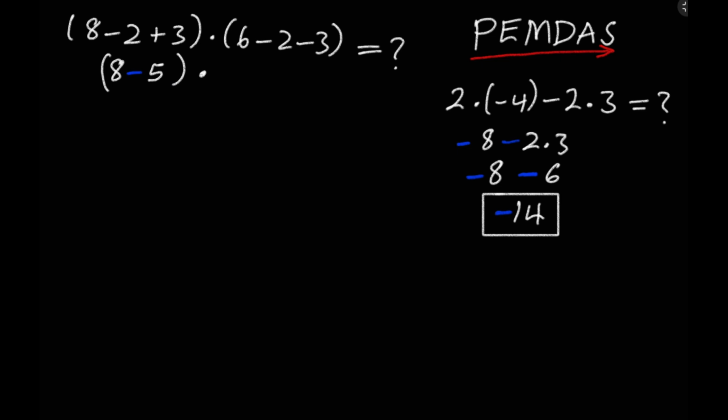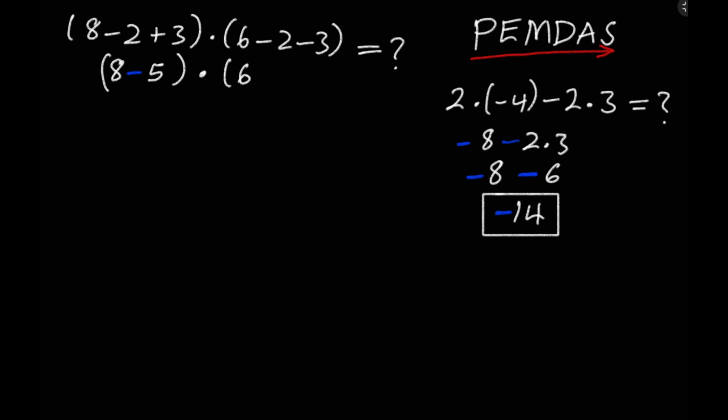So in the second parenthesis also similarly, we have only subtraction in this question. So we can go ahead and do the subtraction step by step. Sorry, let's bring down the positive 6. Negative 2, okay? We have a negative 2 here, minus 3.